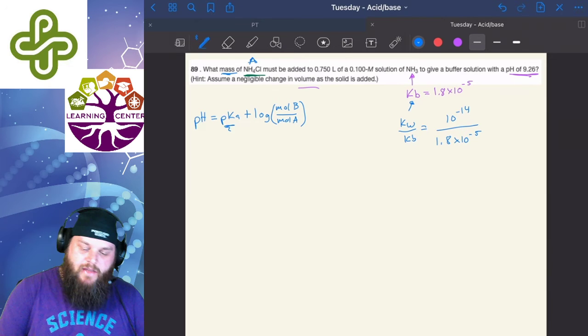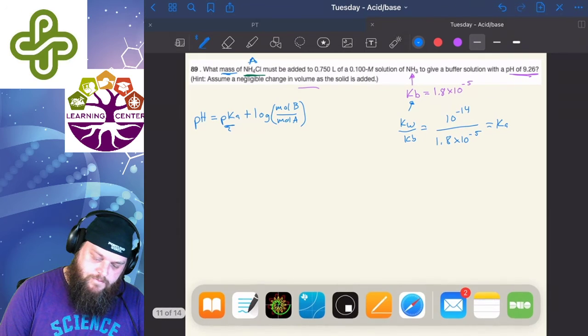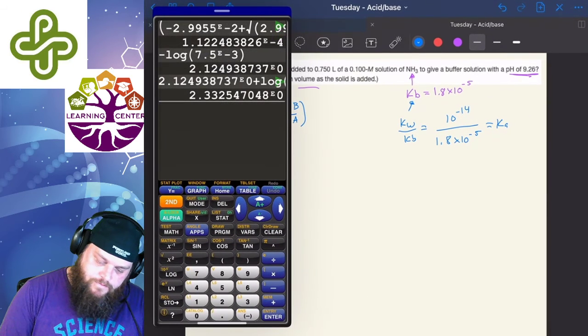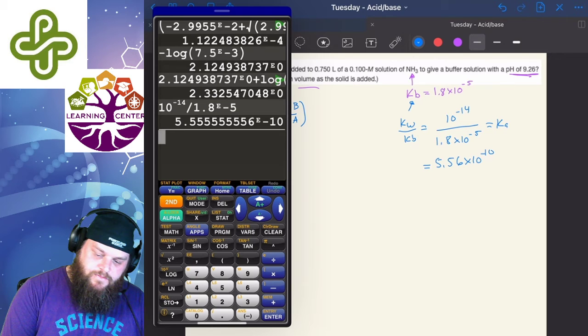I did that wrong at first, that should be the denominator, and Kw is 10 to the negative 14. The heat's getting to me. 10 to the negative 14 divided by 1.8 e to the negative 5 is equal to 5.56 times 10 to the negative 10. And that's our Ka.